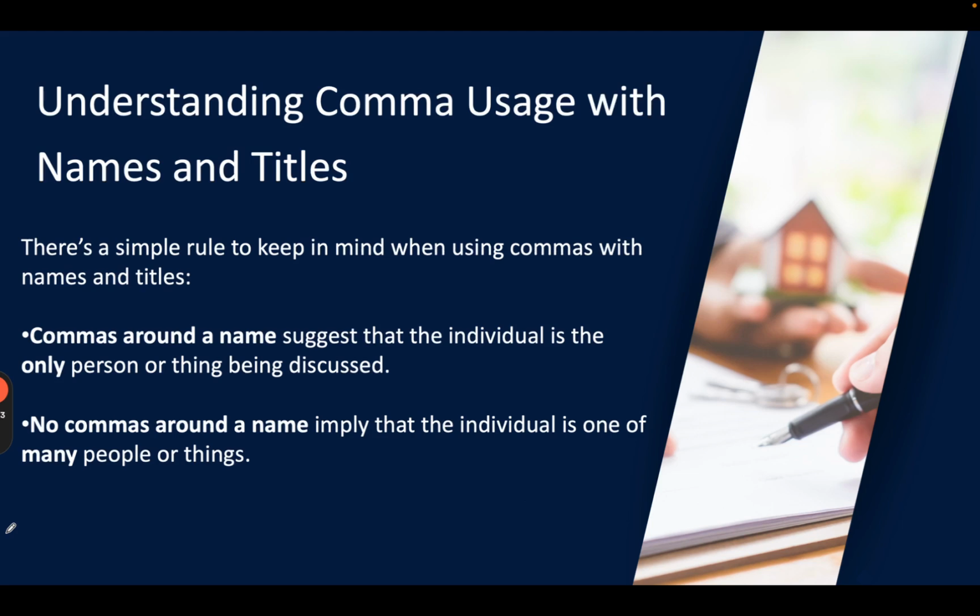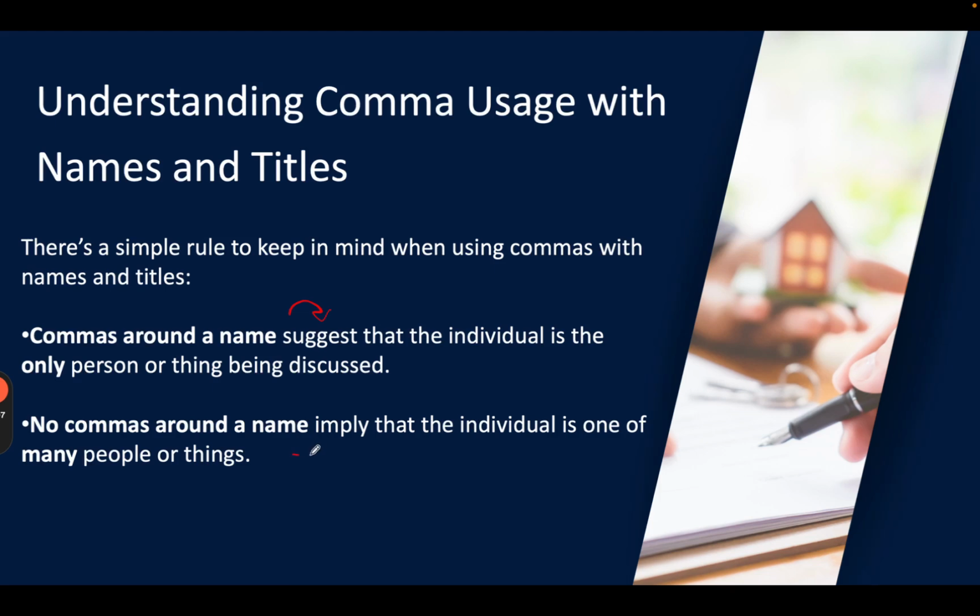Now let's see this as well. There's a simple rule to keep in mind when using commas with names and titles. Commas around a name suggest that individual is the only person or thing being discussed. Again, read it again. Commas around a name show exclusivity, right? It shows that this is the single individual, the only person that's been discussed.